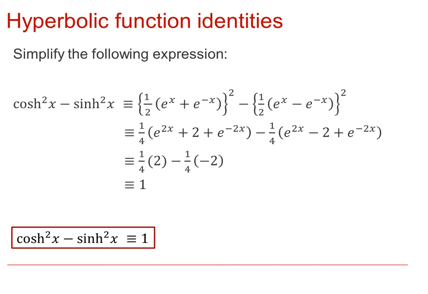This gives us the identity that cosh squared x minus sinh squared x is always 1, and it can be used in a similar way to the circular trig identity, where we have that cos squared x plus sin squared x is equivalent to 1. But do please notice the negative sign.